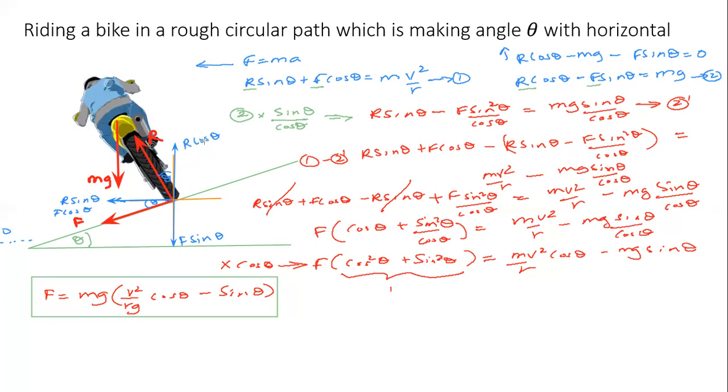This side you mean? It is cos theta because this angle is theta. So this is cos theta, therefore this will be R sin theta. Okay, the angle is there. I was thinking of the other end.